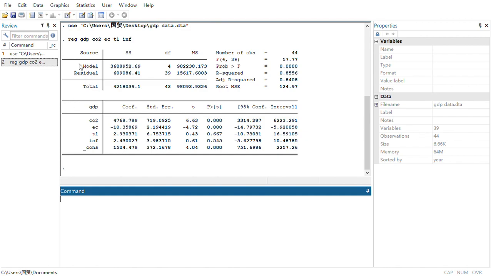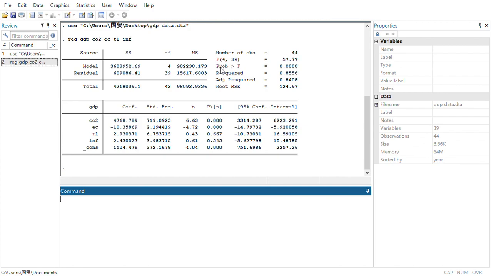Alright, these are our results now. You see, this is how Stata gives out the outputs. Stata will display even the number of observations in the data that you're using. From here we can see that the number of observations in our data is 44.